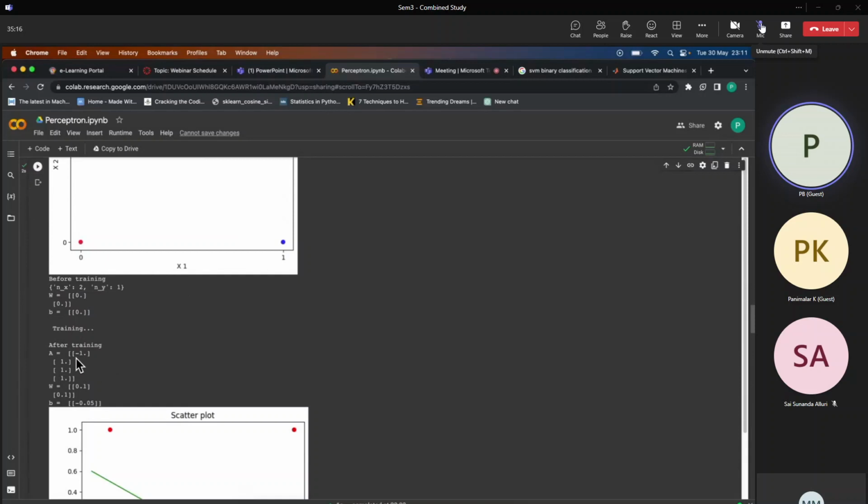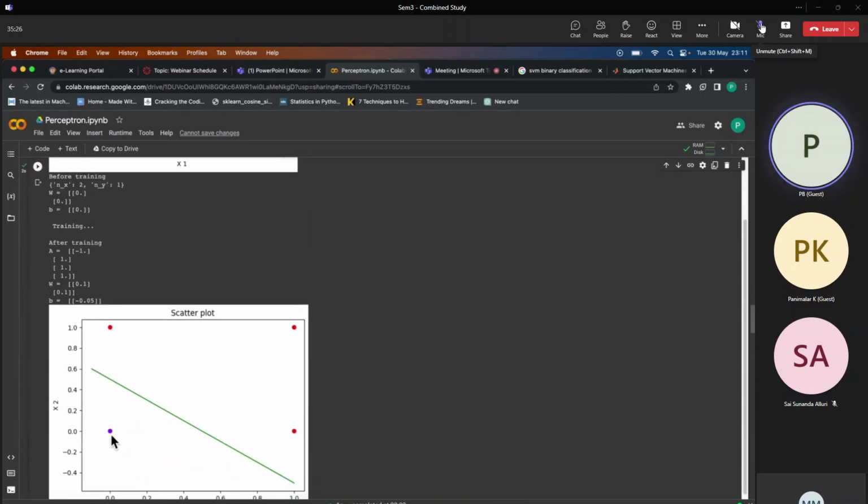So after training, a is a series of labels, right? Minus one, one, one, one. So this one is minus one. Other points are classified as one. Weights are revised. This is point one.